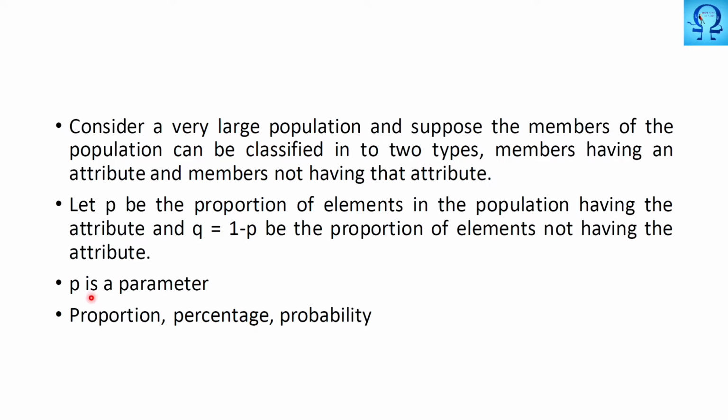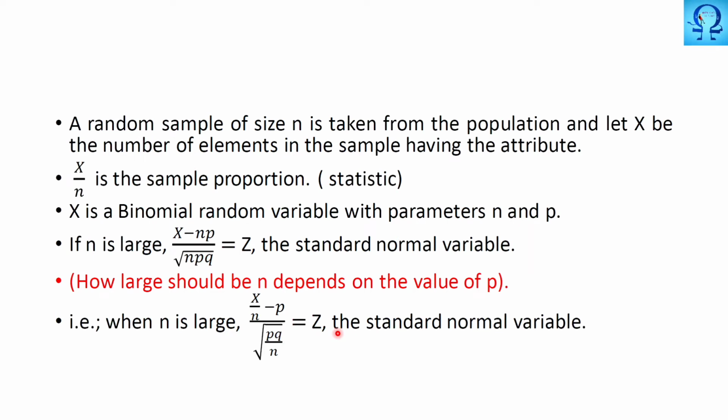This P may be called the proportion or percentage or probability that the members have the attribute that we are dealing with. Again, we will take a random sample of size n from the population, and x is the number of elements in the sample having the attribute.